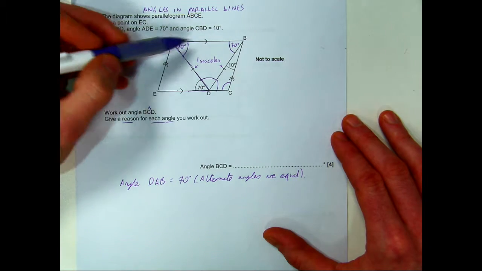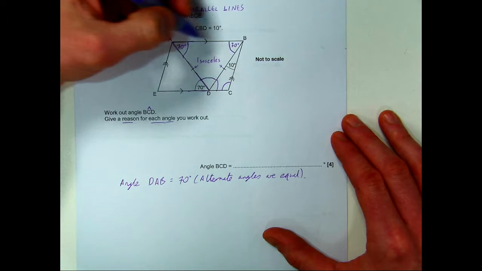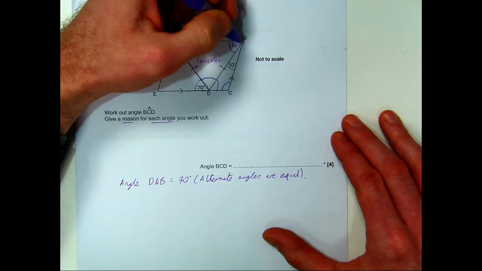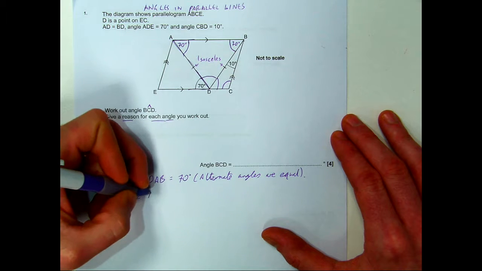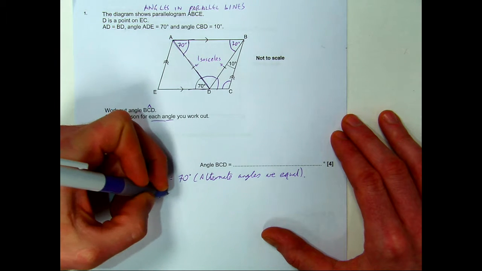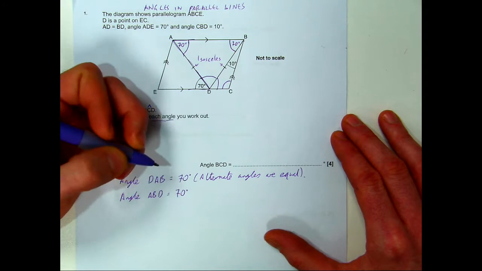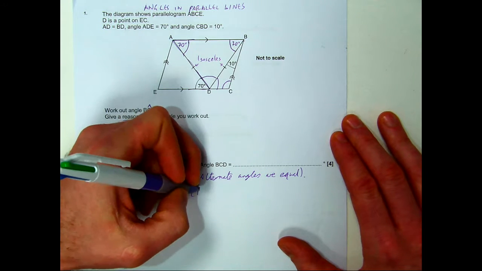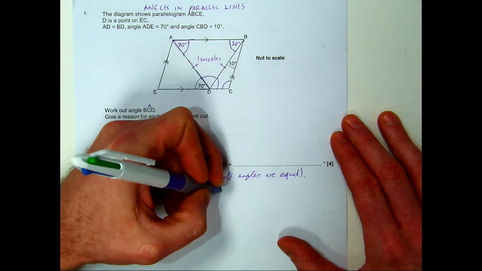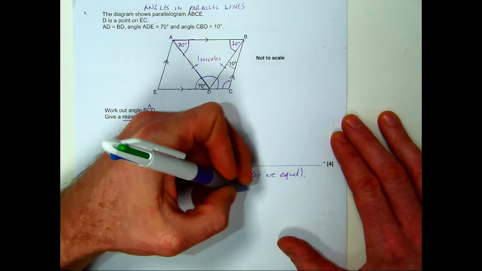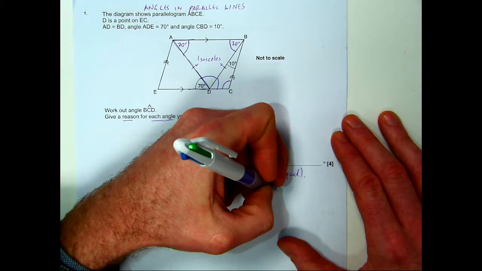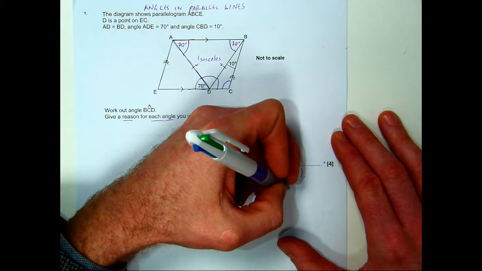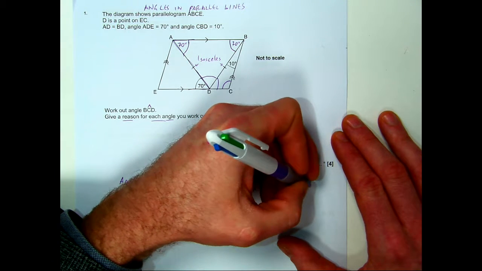So let's write down that angle there. It meets at B, it goes from A, B to D. Angle ABD equals 70. Reason: base angles in an isosceles triangle.